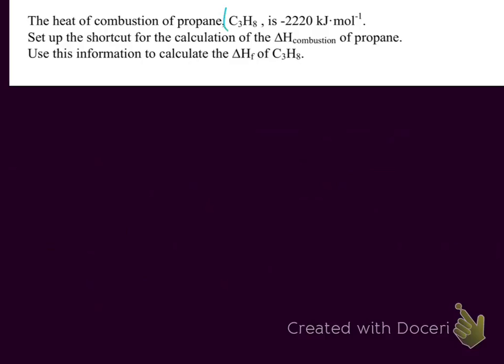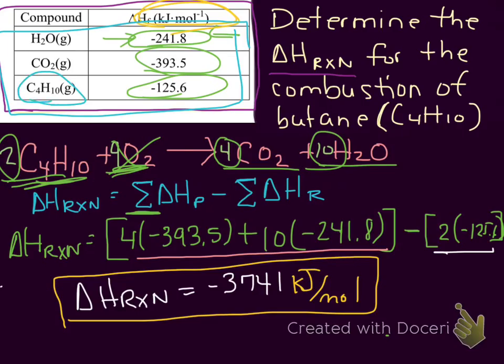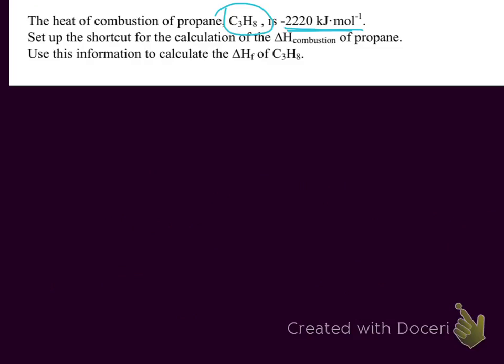Why would this give you less energy per mole than the butane? Well, if you think about it, butane has more bonds, right? So for every mole of butane, you have an extra carbon-carbon bond, and you have 2 extra carbon-hydrogen bonds. So that's going to release more energy. The longer your hydrocarbon chain, the more energy is going to be released in your reaction.